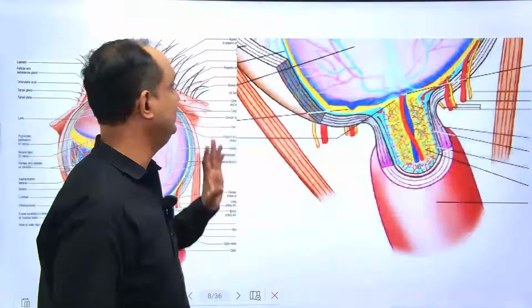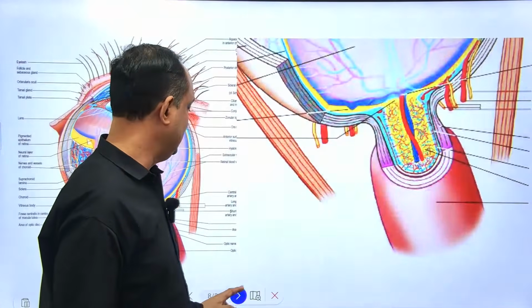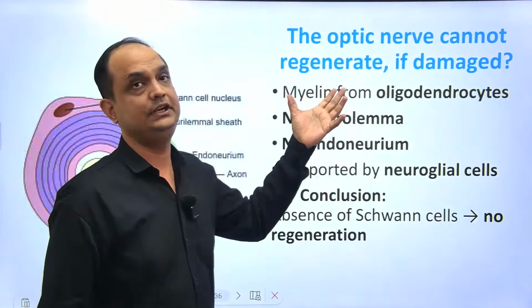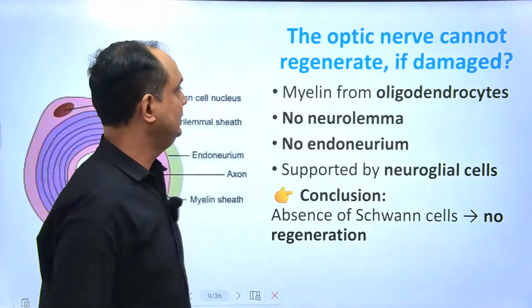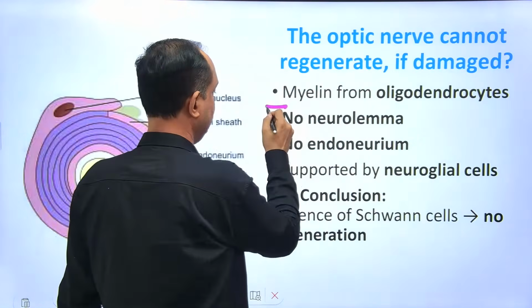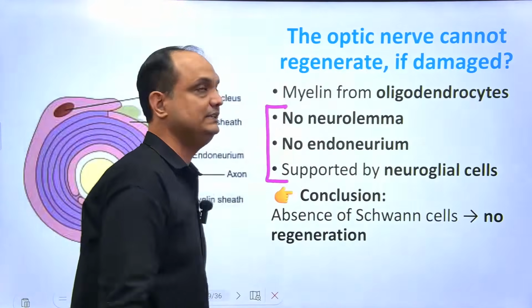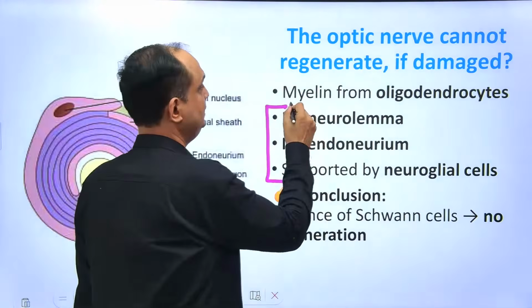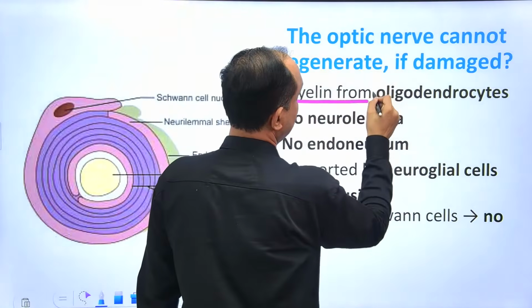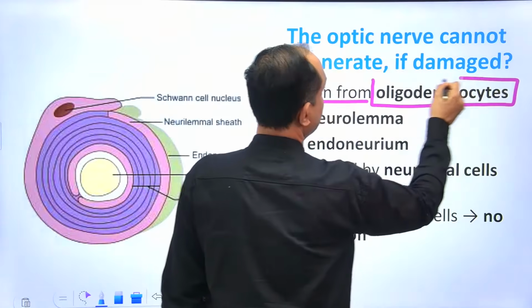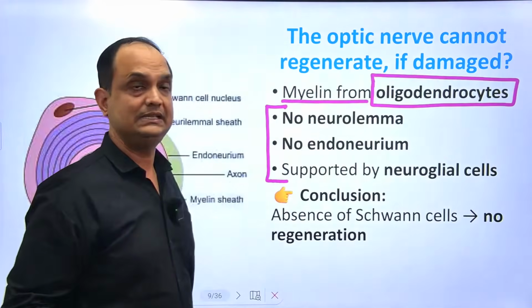This is a very commonly asked question: why can the optic nerve not regenerate if damaged? There are these 2-3 lines which you have to always keep in mind. Myelination of the optic nerve is done by the oligodendrocyte, not by the Schwann cells.